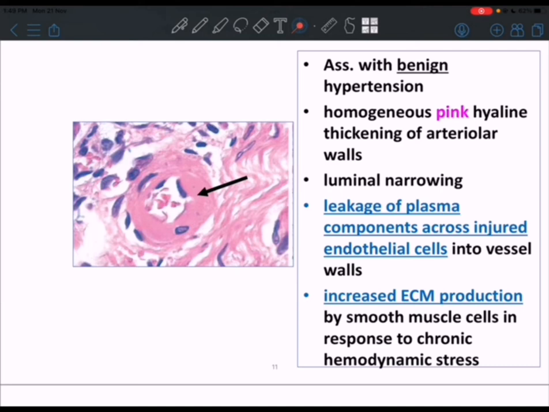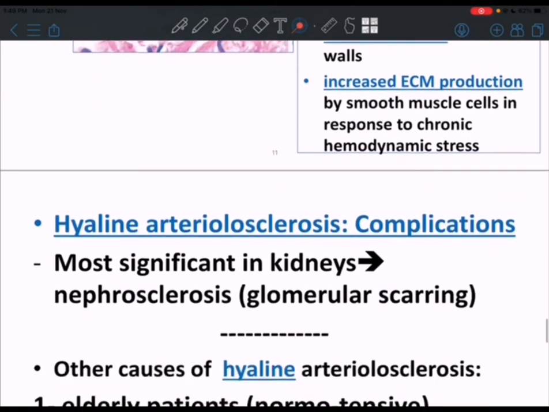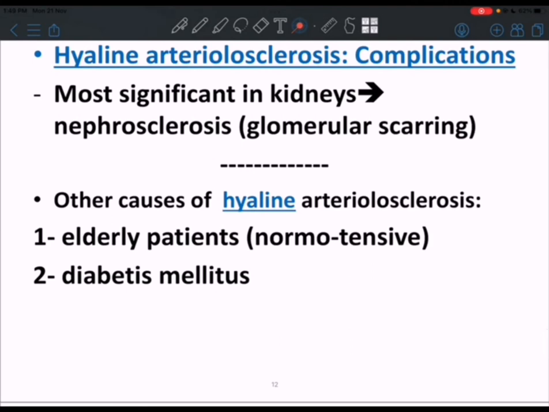It can affect any organ, but it's most significant and most obvious in the kidney, where it leads to glomerular scarring and nephrosclerosis. لما يصير nephrosclerosis معناته احنا وصلنا لمرحلة chronic renal failure.